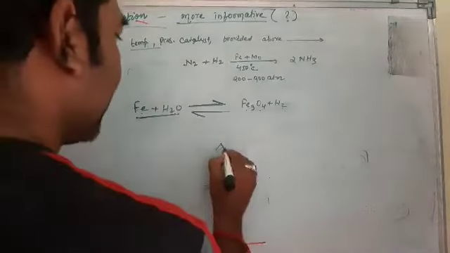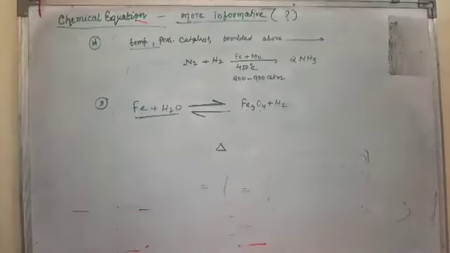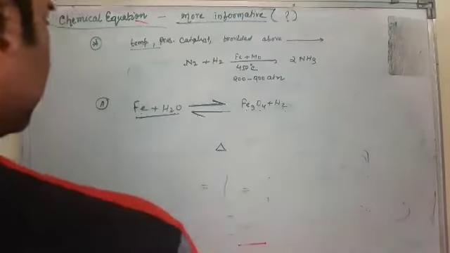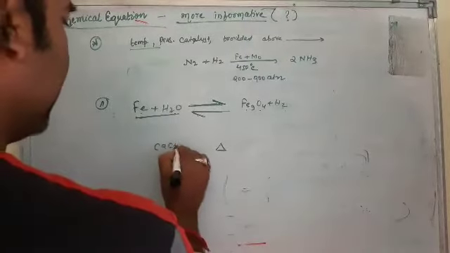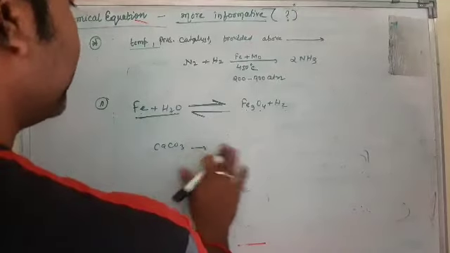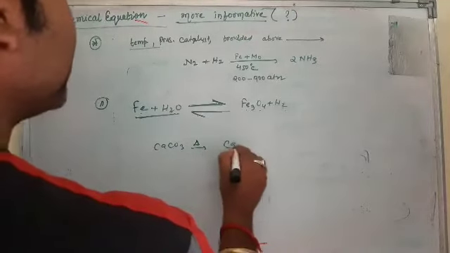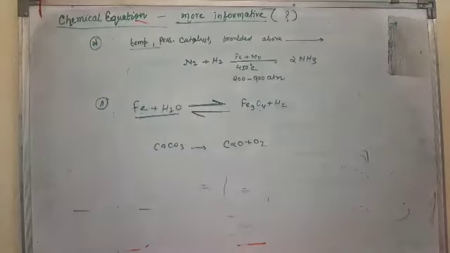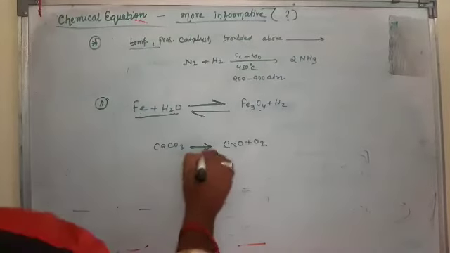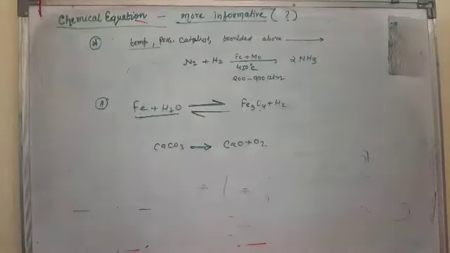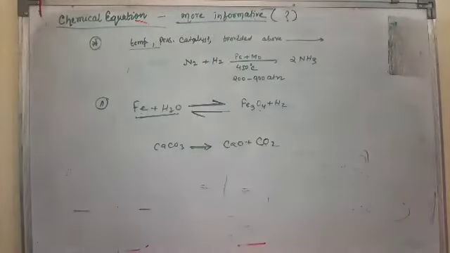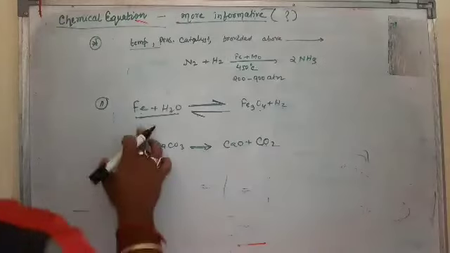If you use a sign for heating, suppose CaCO3 on heating breaks into CaO plus CO2. If I use only CaCO3 arrow CaO plus CO2, it is very less informative.